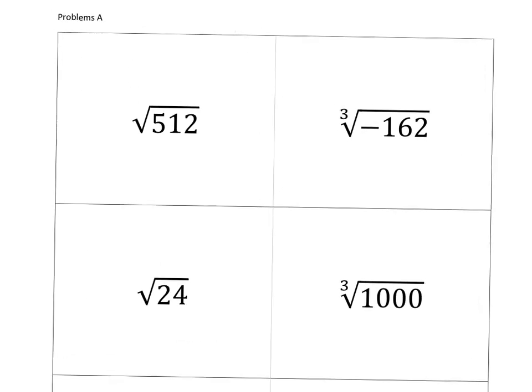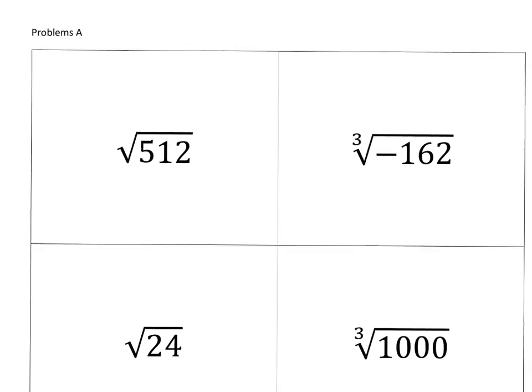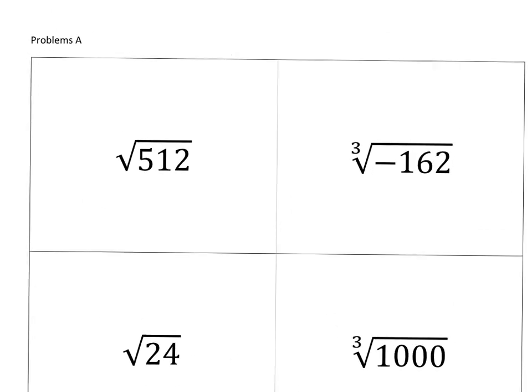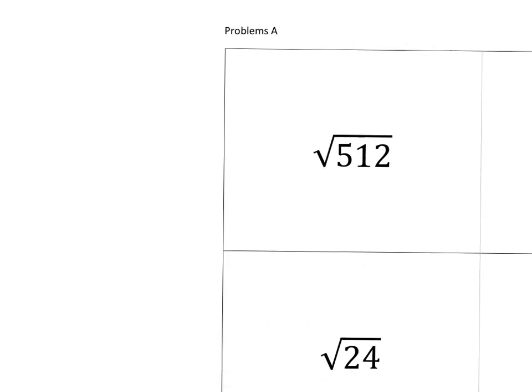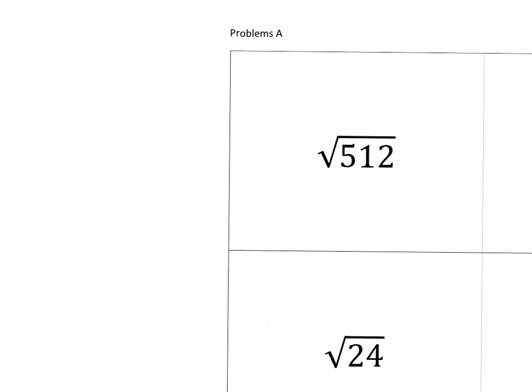So when we're talking about simplifying radicals, we're looking at radicals that are no longer perfect squares or perfect cubes. So a little reminder, just in case you have forgotten, we have perfect squares. So like the square root of 1 is a perfect square because 1 times 1 equals 1.